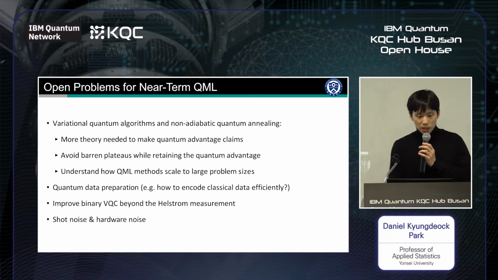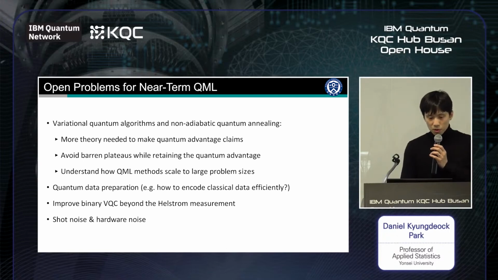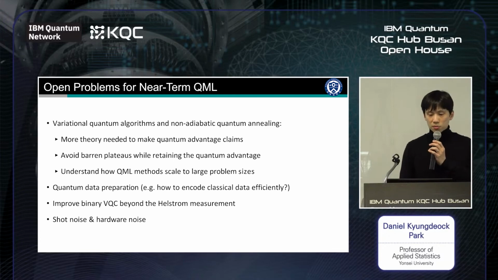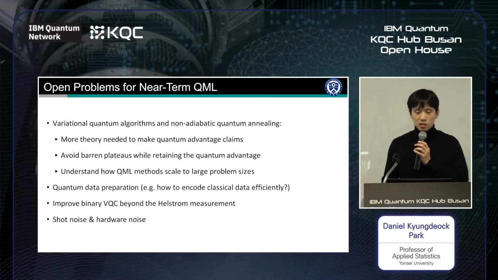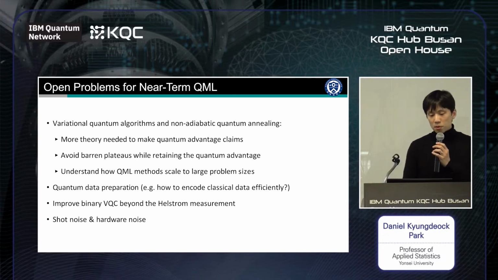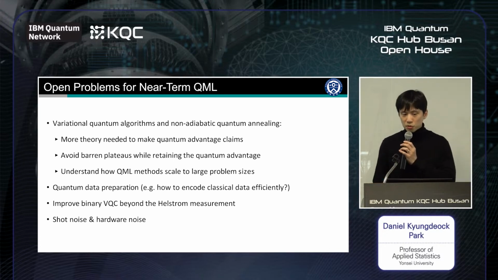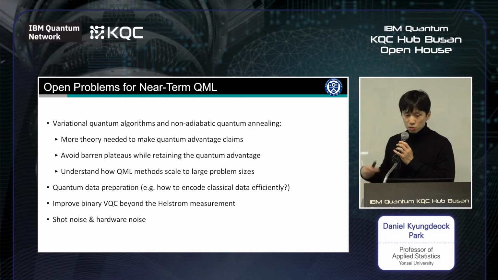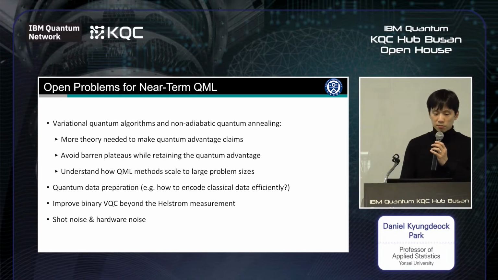All right, so I have listed a couple of open problems for near-term quantum machine learning. As I've already said before, variational quantum circuits or variational quantum algorithms, and also non-adiabatic quantum annealing, are very popular approaches for near-term quantum machine learning. But we need to be careful, because more theory is needed to make strong claims about quantum advantage.